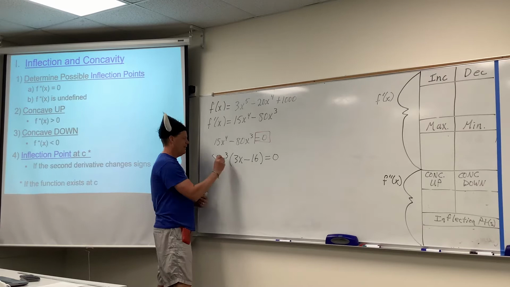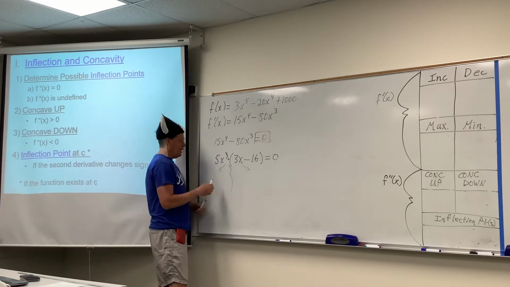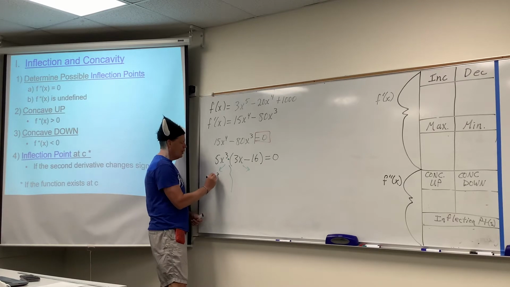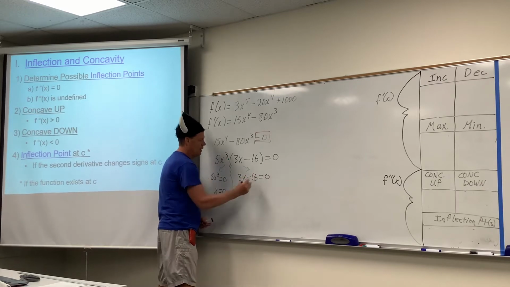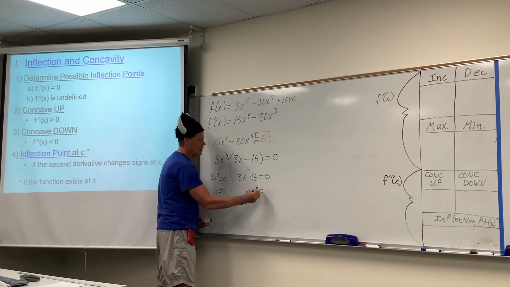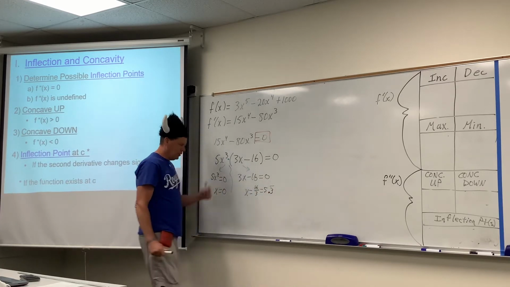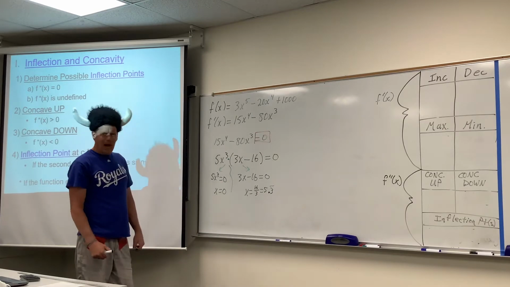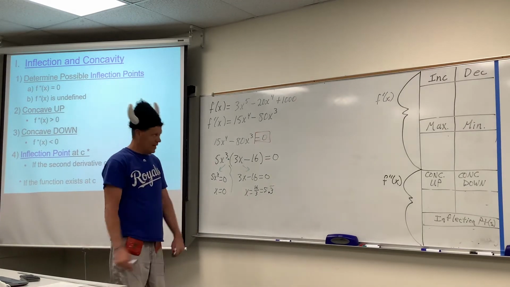All right, and so anyway, 5x cubed equals 0. Once you factor it, that leads to x equals 0. And then 3x minus 16 equals 0. That leads to x equals 16 over 3, otherwise known as 5.3 repeating, right? 5 1/3. So I'm nervous as heck that I'm going to make an algebra mistake and you'll forever be able to make fun of me.